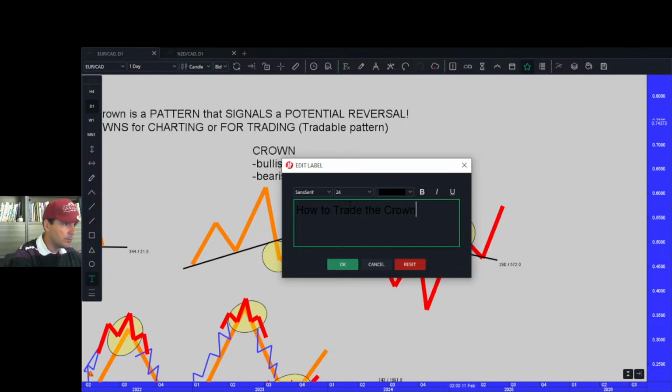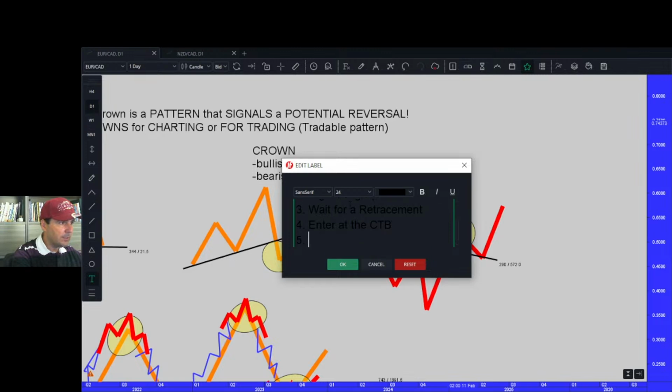CRO, crown. Number 1, trend line break. Number 2, higher high or lower low. Number 3, wait for a retracement. Number 4, enter at the CTB, which stands for counter trend line break.